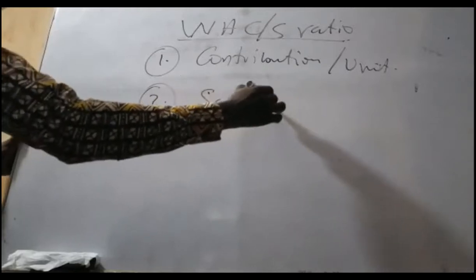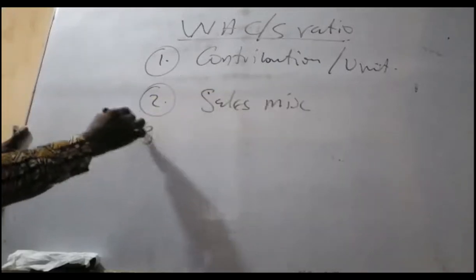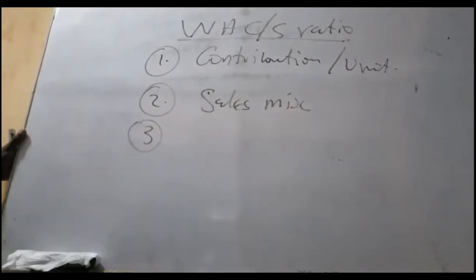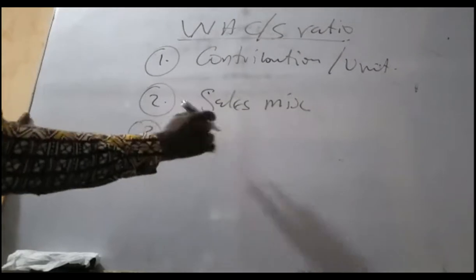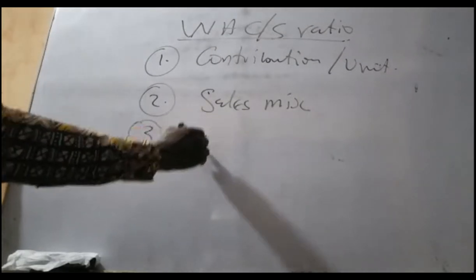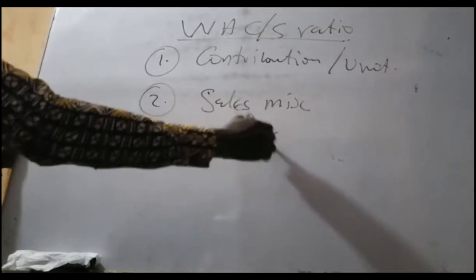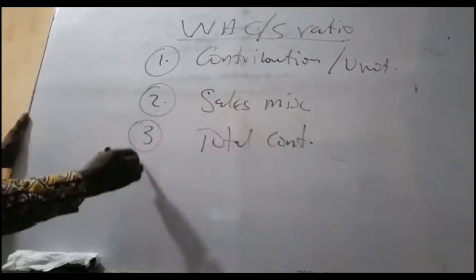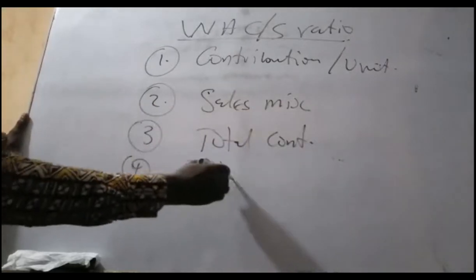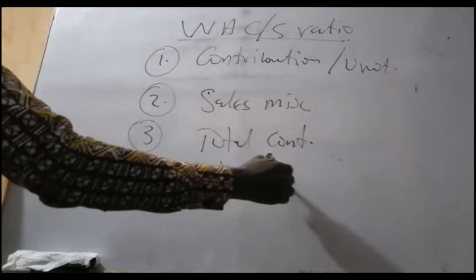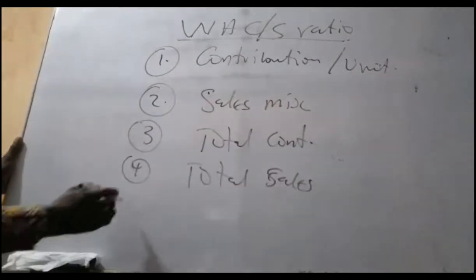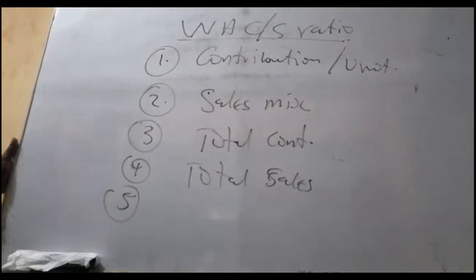That's not changeable. Step three, we have determined the total contribution. Step four, determine the total sales. Finally, step five, we are done.